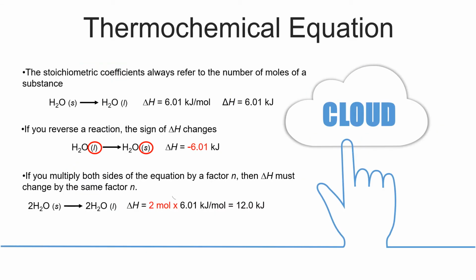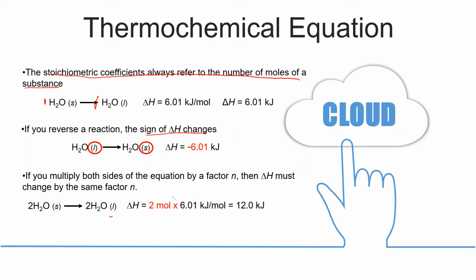Ni adalah rules dalam thermochemical equation macam yang I already mentioned before, which is we need the stoichiometry coefficient is always referred to the number of mole of the substance. For example, here is the 1 mole of H2O. Here also is 1 mole of H2O. Okay. And then if you reverse the reaction, the sign of delta H will be changed.